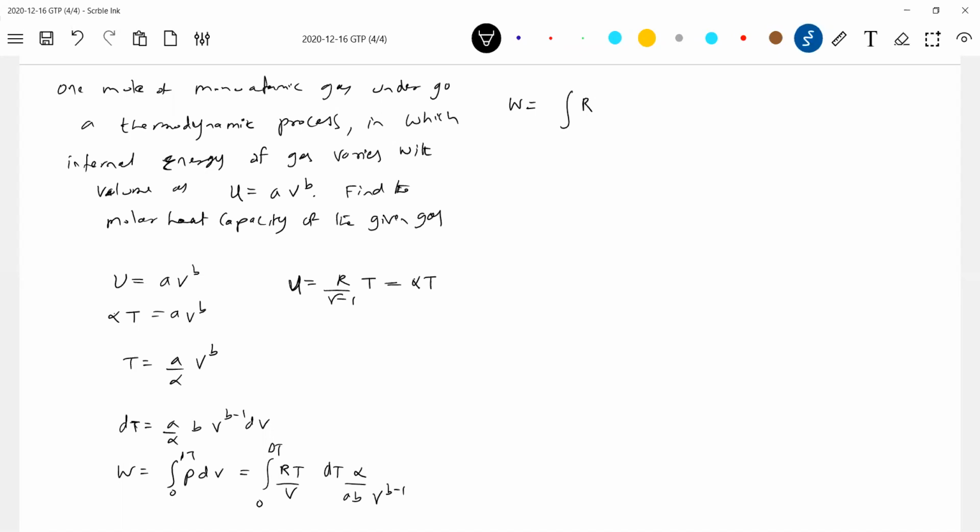All constant terms R alpha A B, then T dT. Here V to the power of B will be there. So V to the power of B we can write as alpha T by A. Next step. So A gets cancelled, alpha gets cancelled. So what will be finally?